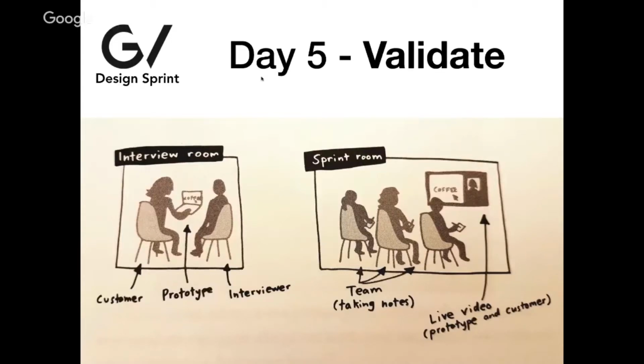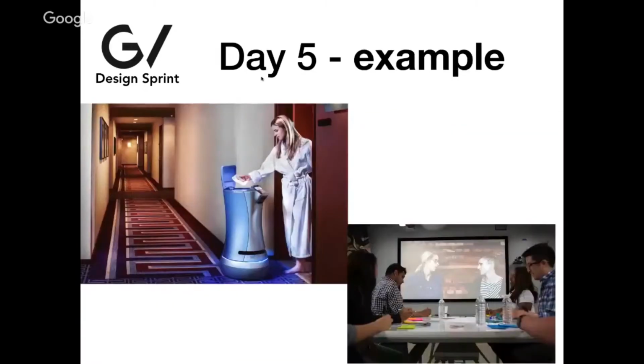And in another room, there will be the rest of the team watching what's going on in the first room. We will take notes and we will try to find some patterns, how people respond, how they react, and what they really think about the prototype. Here you can see, this is not the prototype, by the way, this is the final product.